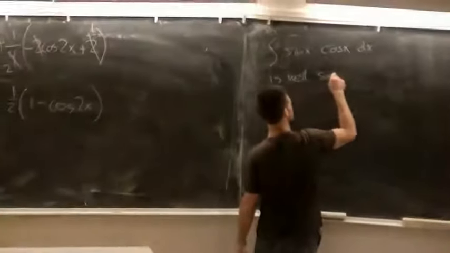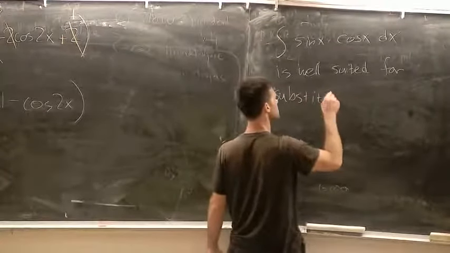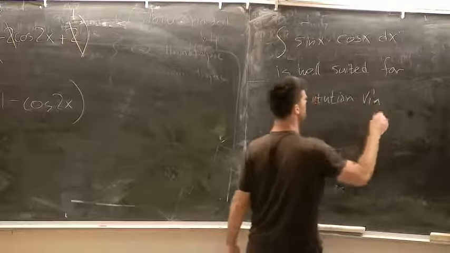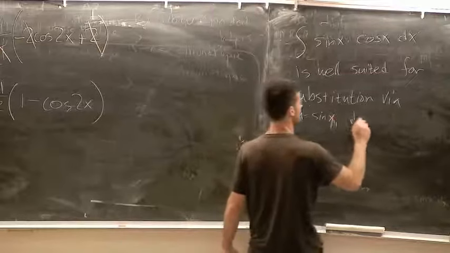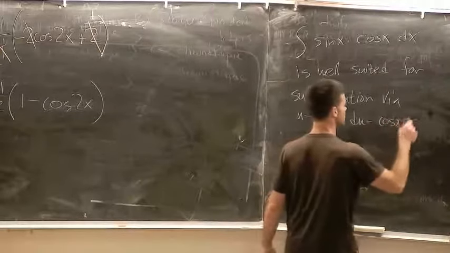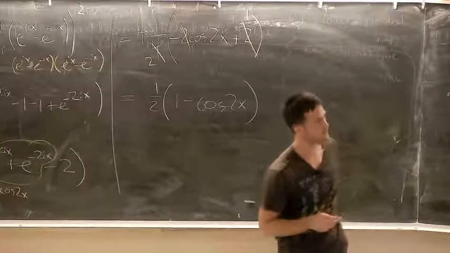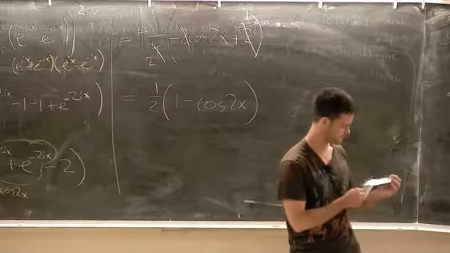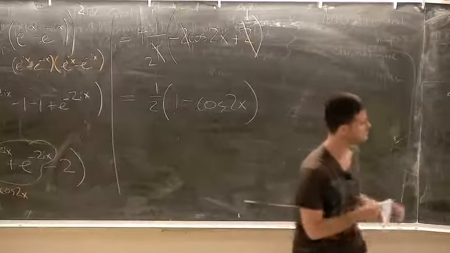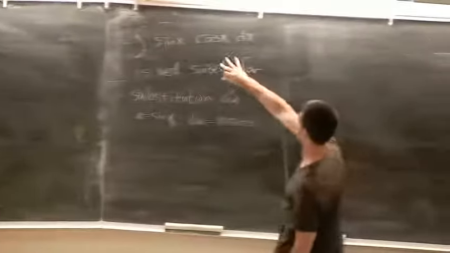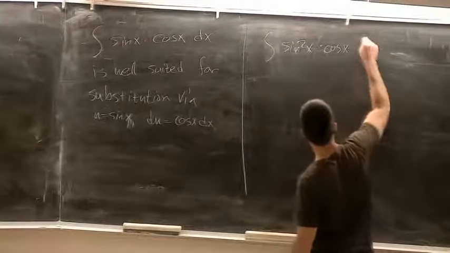So this one is well suited for substitution, like u is equal to sine x, for example. So du is cos x dx. Okay, so that was pretty easy. How about sine squared x times cos x dx?